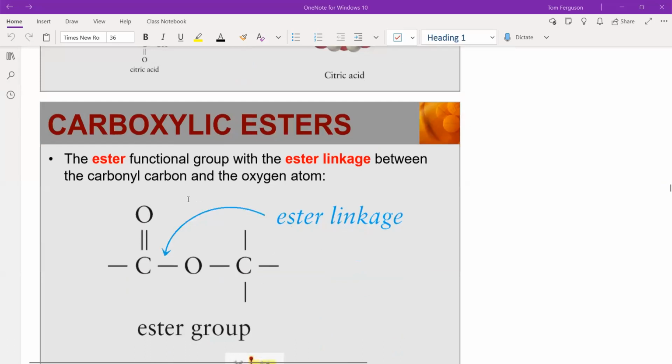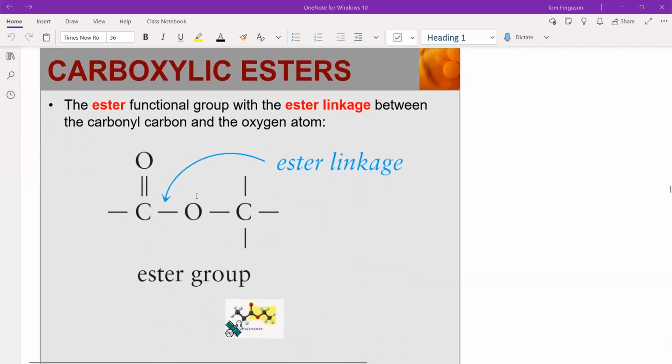Now, if we add an alcohol to an acid, we get a new functional group called an ester.